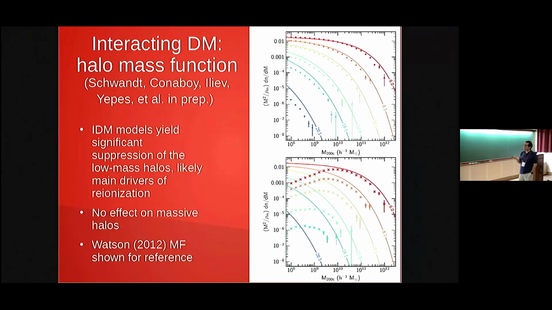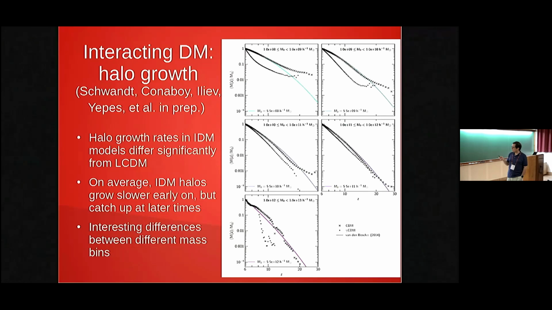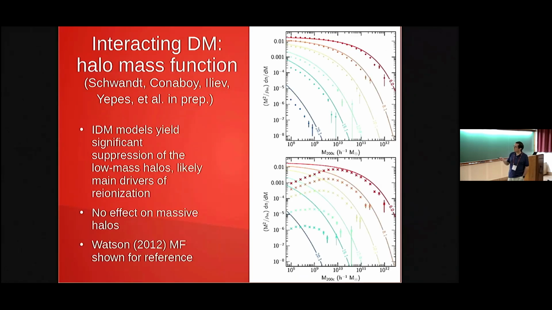So this means that reionization again could be affected. We are comparing to this mass function by a former student of mine, actually my first PhD student, that we derived some time ago, which is one of the best fit high redshift mass functions.